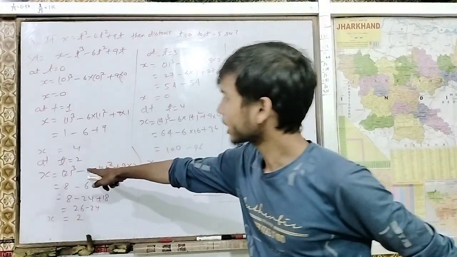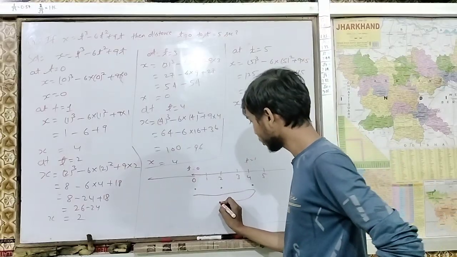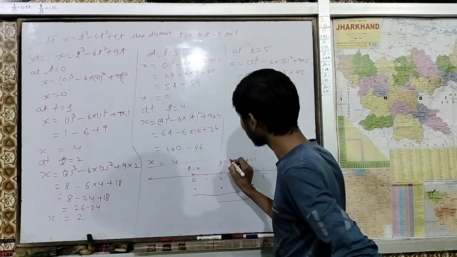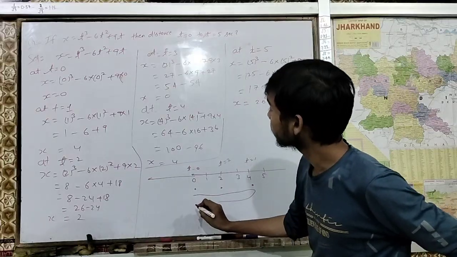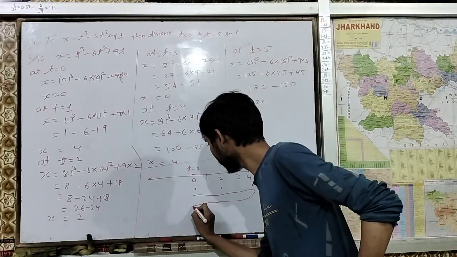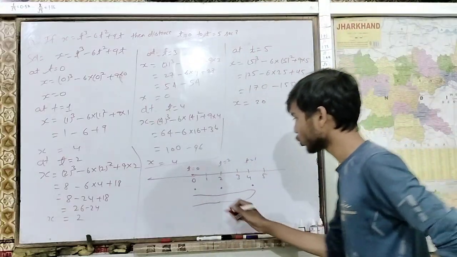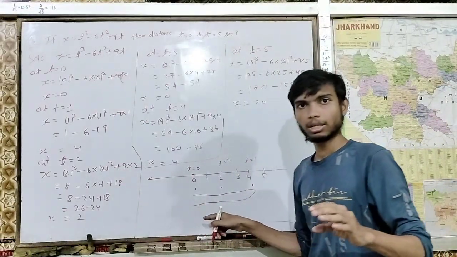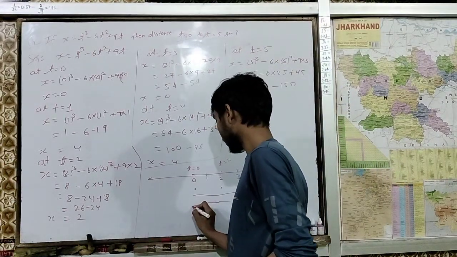Now time is 3 seconds. In 3 seconds it comes back to the same point, the initial point. So here displacement is coming as 0.